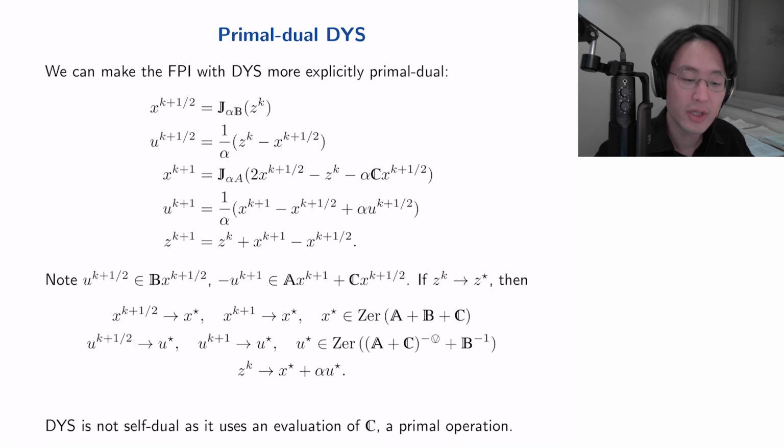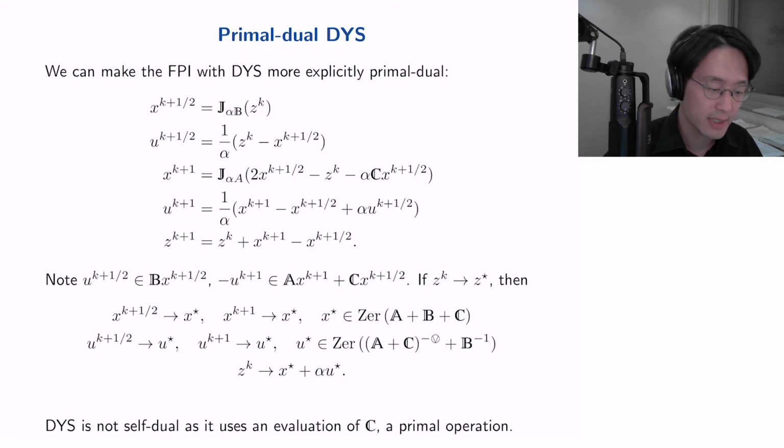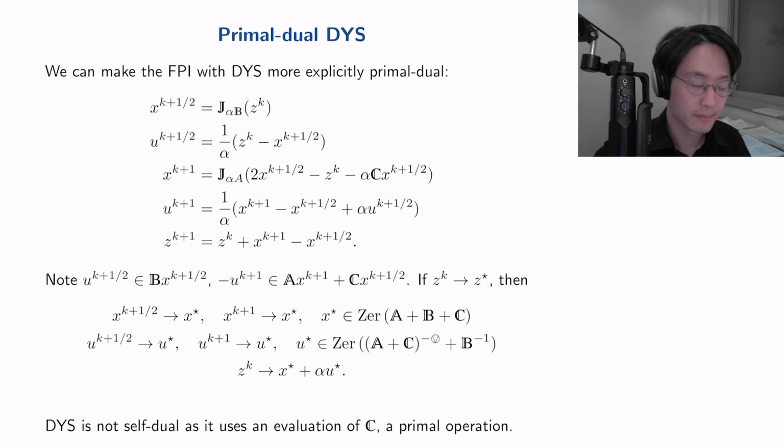And if the conditions are met such that the main iterate, the zk iterate, converges to a fixed point z star, then the xk iterates converge to the same limit x star, and x star is the primal solution. The dual iterates converge to the same limit u star, and u star is a dual solution, and the limit of the zk iterate is x star plus alpha times u star.